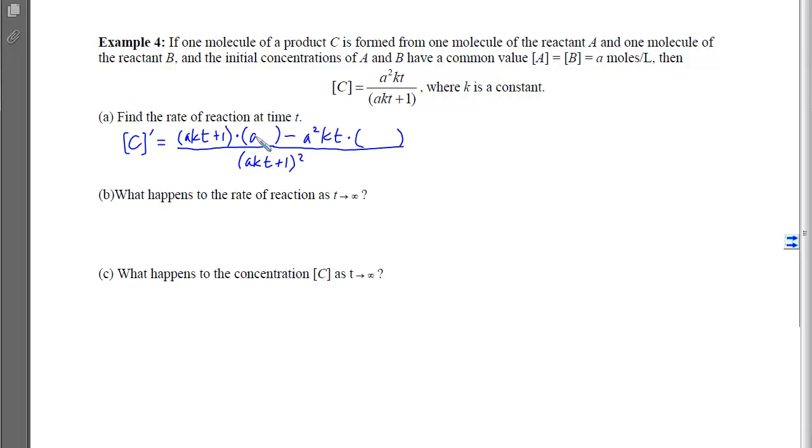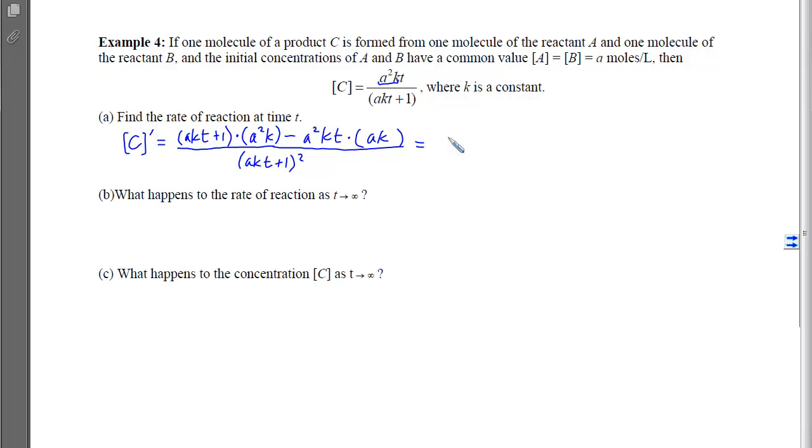So for the low D high, I've got to take the derivative of the high. So the low will be AKT plus 1, and the top will be A squared K, because this is the coefficient of the T. So it's just a number, and the derivative of that number times T is just the number itself.